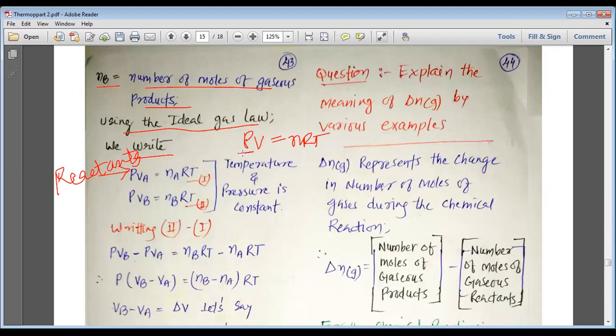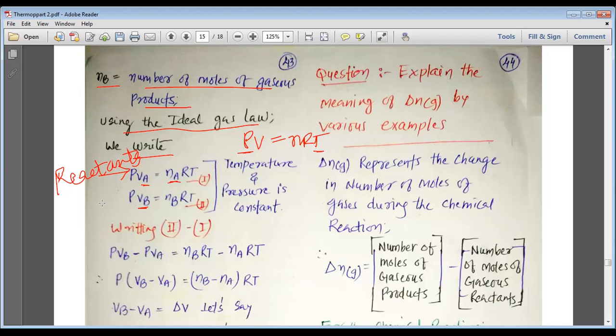Here the pressure and temperature are constant, and that is why we are only showing the variables for volume and the number of moles of gases. VA is the total volume of the reactants, and Na is the number of moles of gaseous reactants.